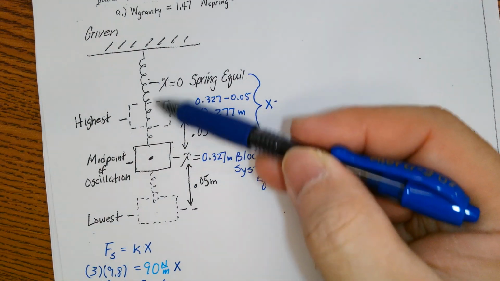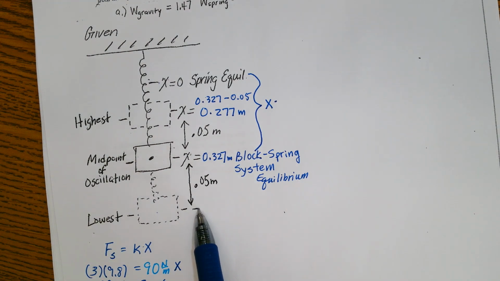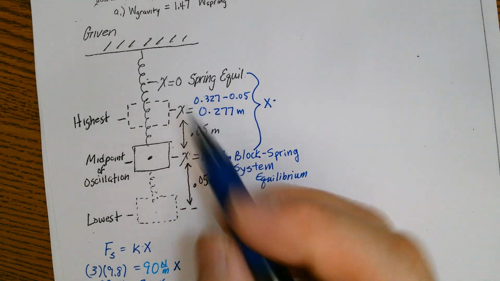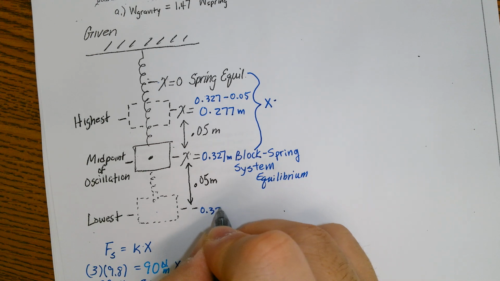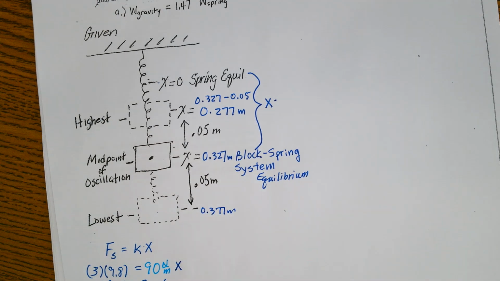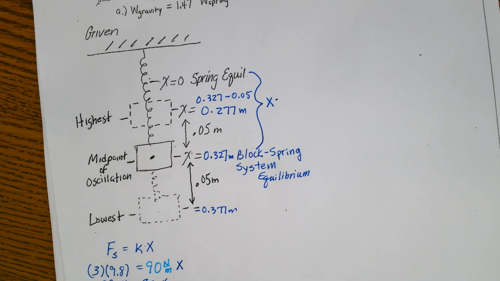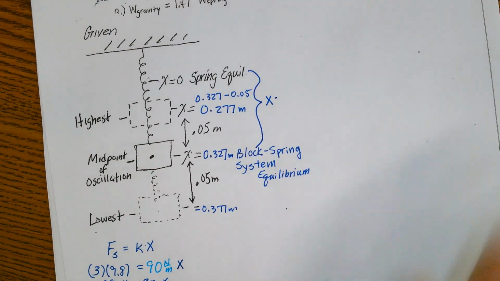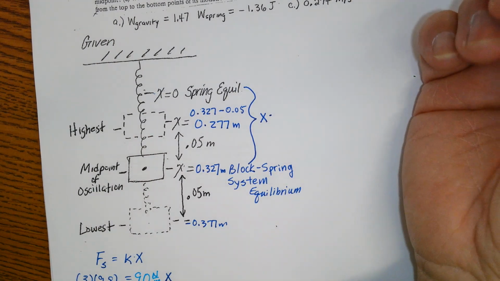So it's going to oscillate back and forth, back and forth. You could say that at this location this is 0.377 meters, right? This point right here.